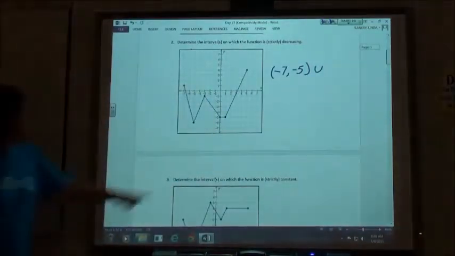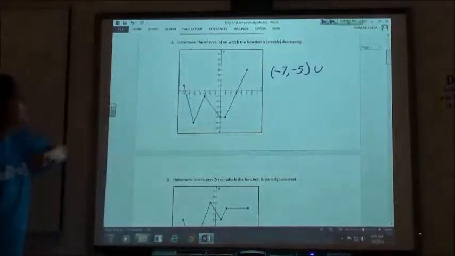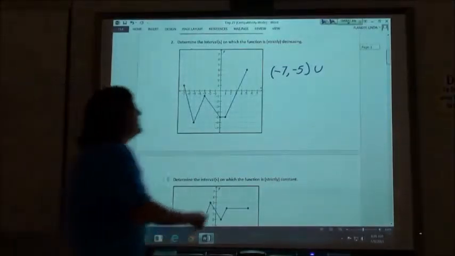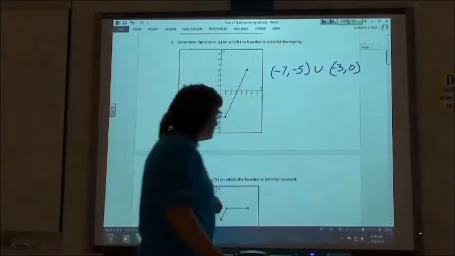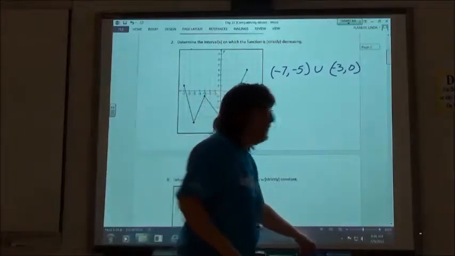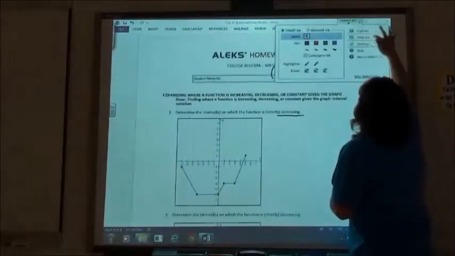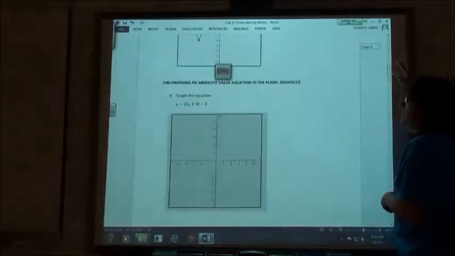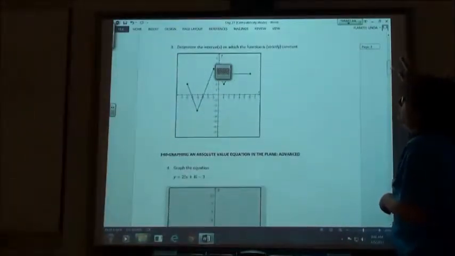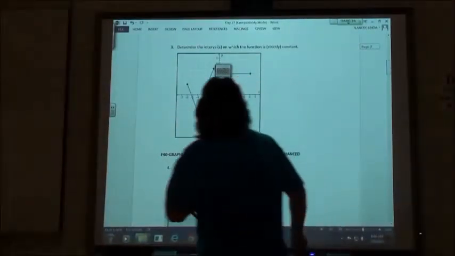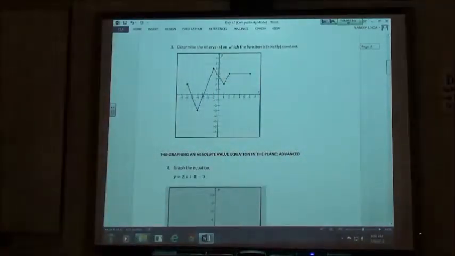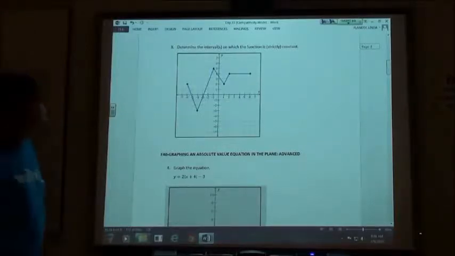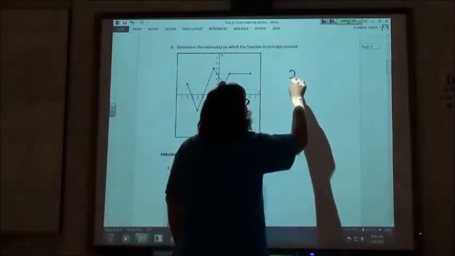And then my second interval goes from -3 to 0. The third one wants you to determine the intervals where it is constant. In this case, we only have one interval that is constant. That interval goes from 2 to 6.